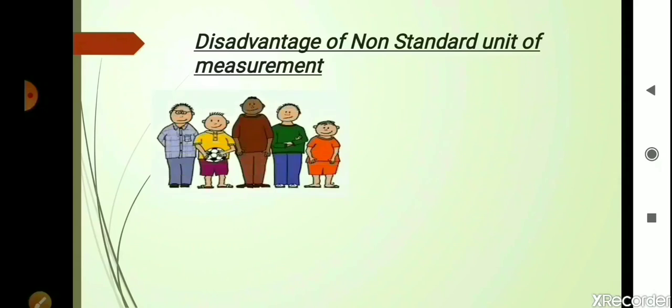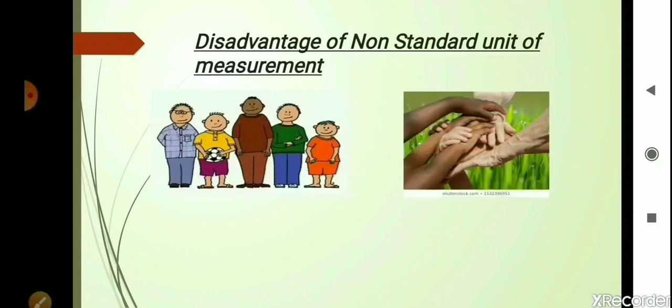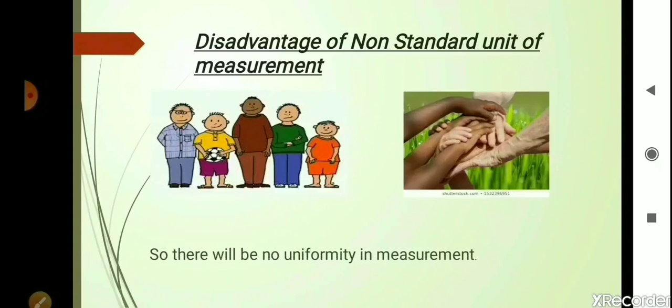Again, if we take a group of people who have different sizes, then they may have different body part sizes and their hand spans may also be different. So if they measure the same table with their hands, they may get different results. Some may get 5 hand spans, some may get 4, some may get 3.